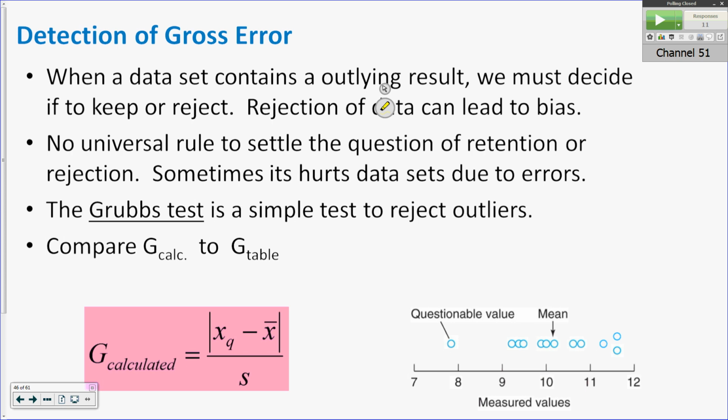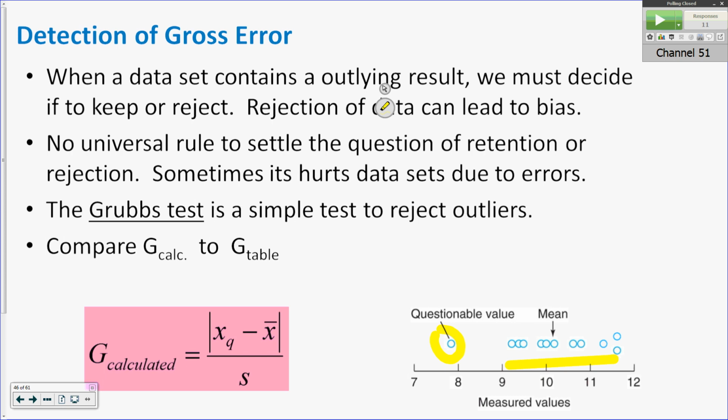It's simply, you take your data set and you try to figure out, do you reject a data point or not? So here's an example of a set of measurements. You get all of these measured values, and you've got this one guy out here in left field, and say, can I reject that data point or not?